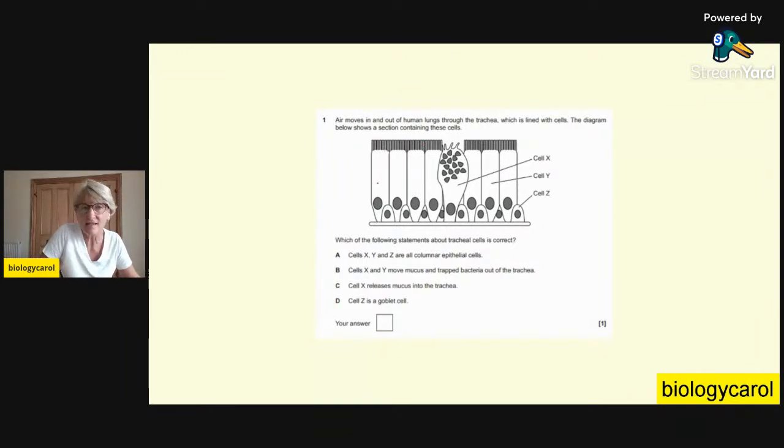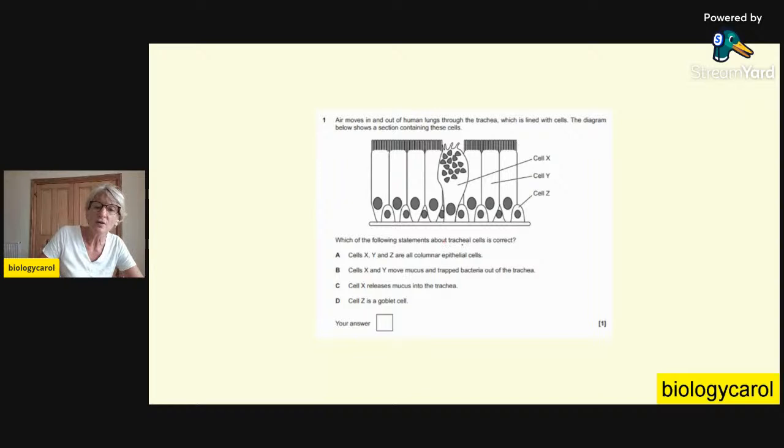So these are the ciliated epithelial cells, cell Y. Cell X is a goblet cell which is secreting mucus. And of course, the mucus is going to capture the pathogens, and the cilia are going to move the mucus and the pathogens up the trachea so it can be swallowed.